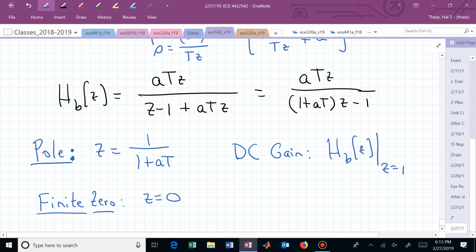Again, we evaluate H sub b of z at z equal to 1. And that's now AT times 1 over 1 plus AT minus 1. So our DC behavior is the same. We have a DC gain of 1.